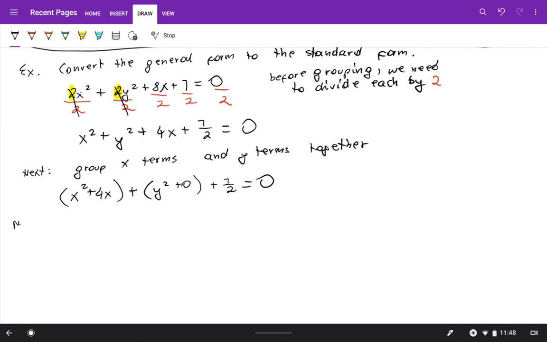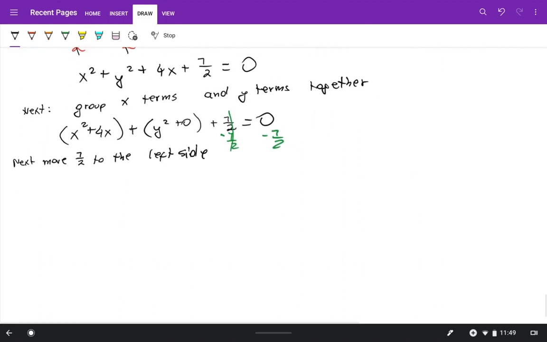Next, move 7 over 2 to the left side. To do that, I'm going to subtract 7 over 2 from both sides. That cancels, and we have x squared plus 4x plus y squared plus 0 equals negative 7 over 2.